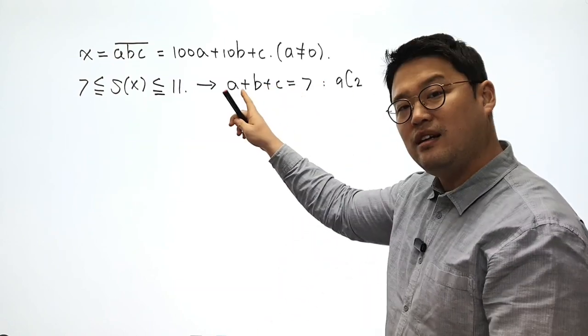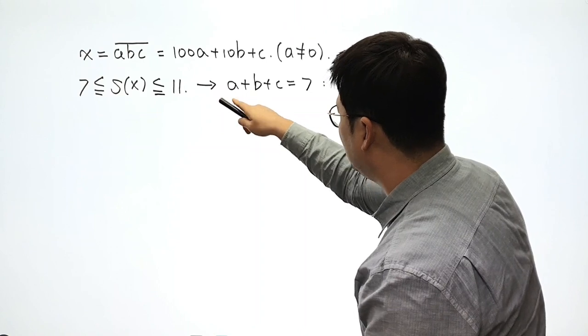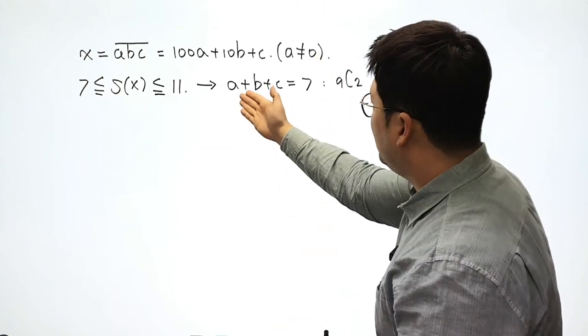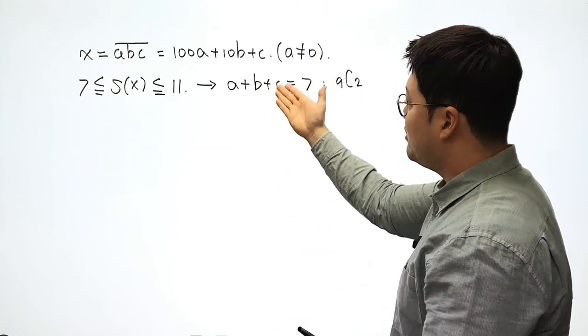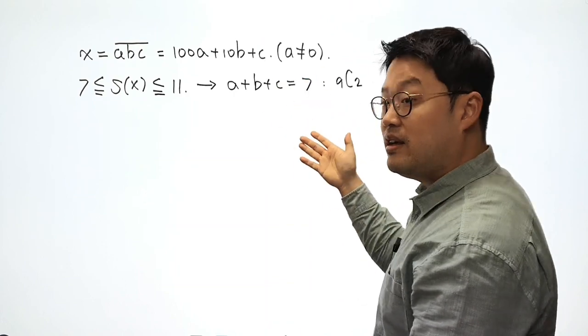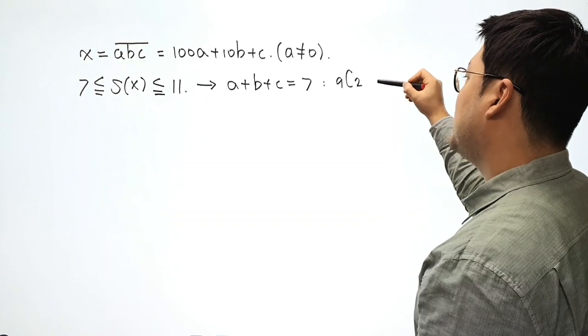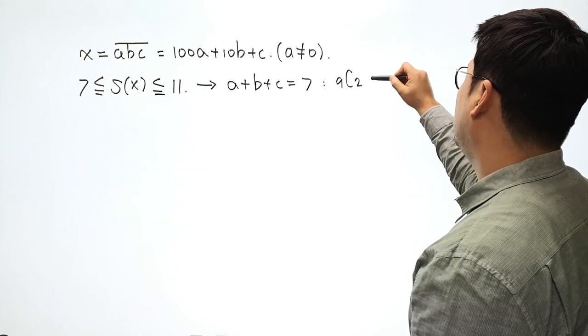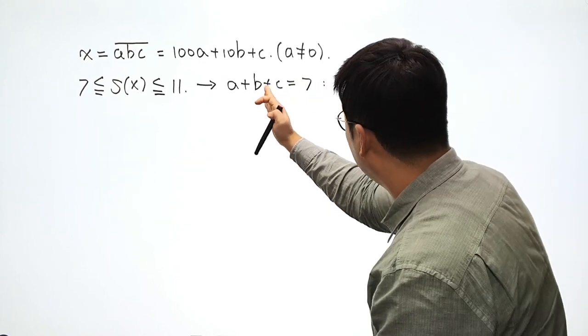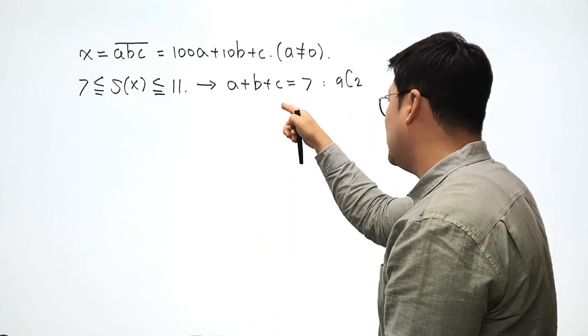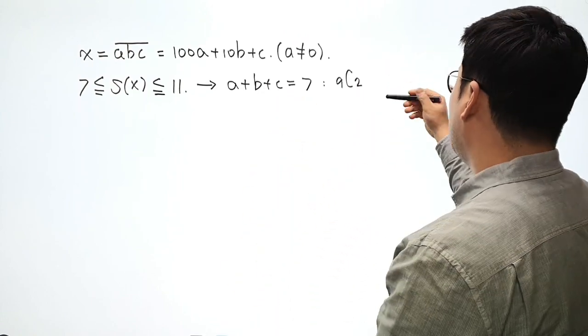But at the same time, I've got to eliminate some possibilities when A equals 0. A wouldn't be 0, but if A equals 0, then B plus C is 7, and we have 8 of those expressions: 0 7, 1 6, and so on all the way to 7 0.